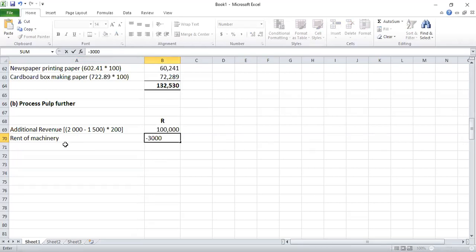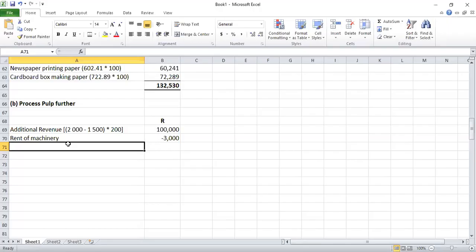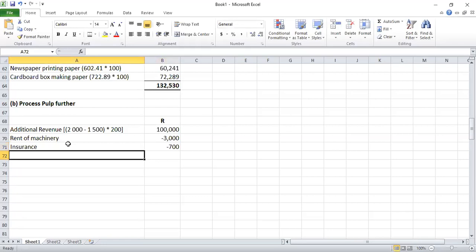Right. There is also these ones. Insurance 700 per month, manufacturing 25,000 per month, and raw materials 20,000 per month. They are all per month, so we just include them as they are. So we've got insurance, manufacturing labor.